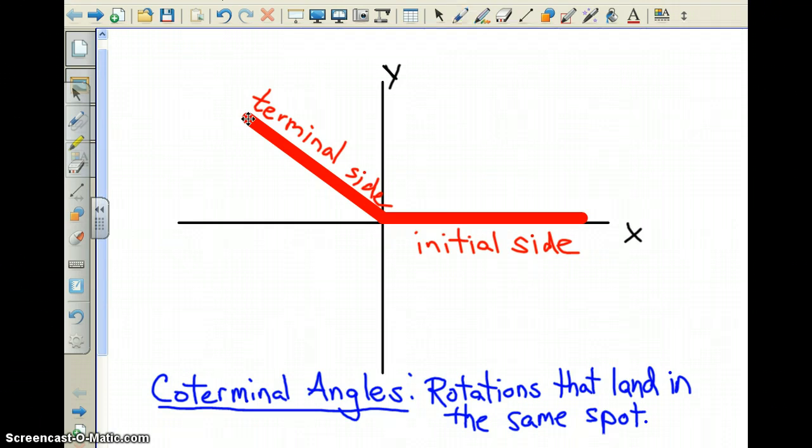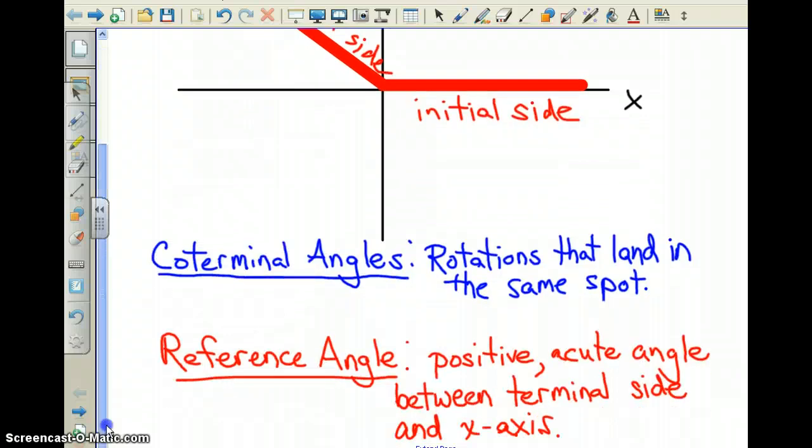Now we're going to introduce one more important vocabulary word here called a reference angle. A reference angle has to be a positive number of degrees, and it has to be an acute angle, so something less than 90 degrees. What it does is it measures the angle between the terminal side and the x-axis.